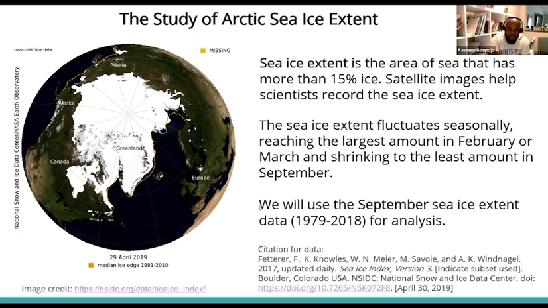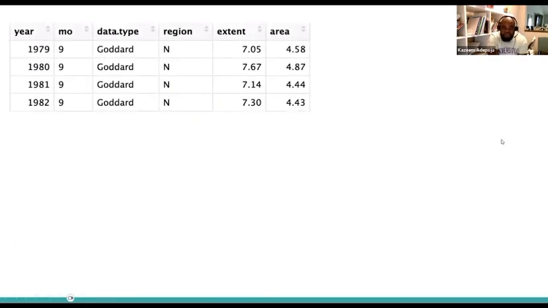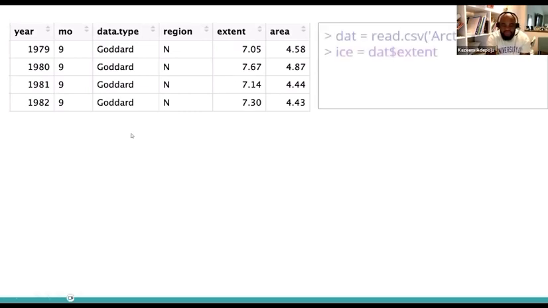This is the data set. Don't forget, we're going to be focusing on the extents, even though we have a lot of variables in the data set. If I have a data frame and I want to extract the variable of interest, I use this code to read the data in CSV.